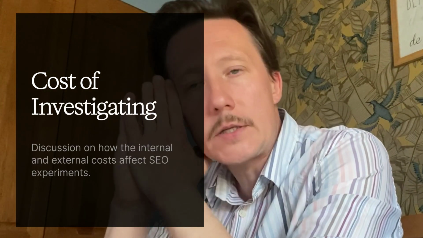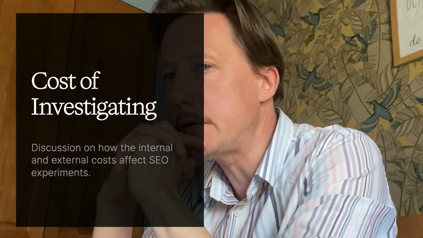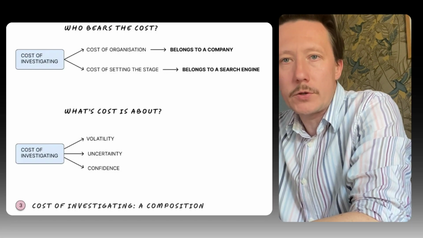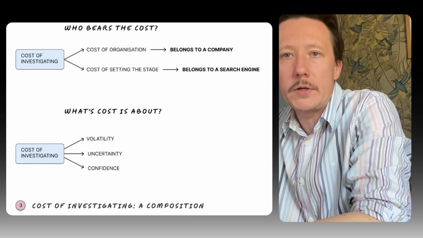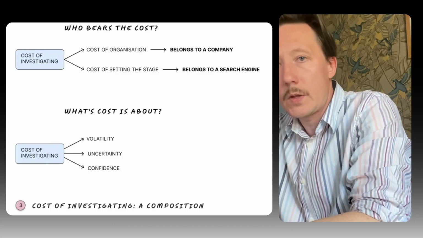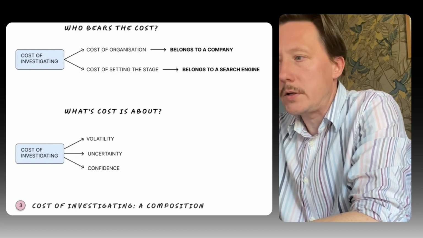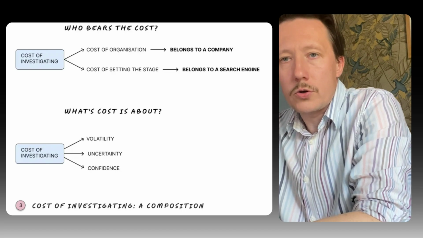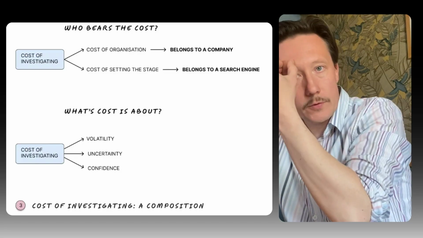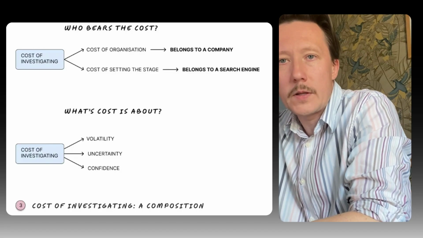So let's discuss how I see how the cost of investigating must be seen. Whatever type of experiment goes on has an internal cost, the cost to the organization to set and frame this experiment, and also the cost to, say, the search engine or the stage to provide infrastructure resources for customers to vote for this selected page.